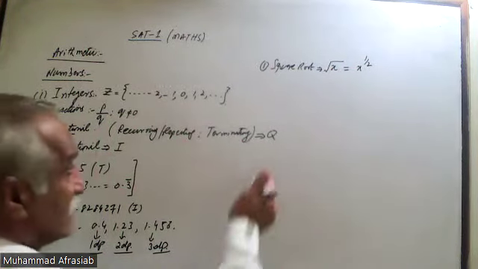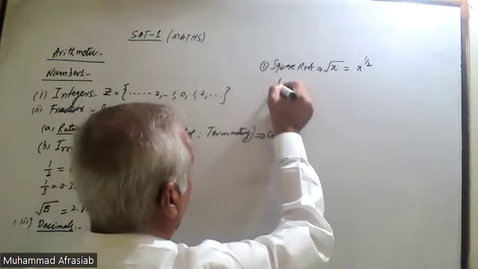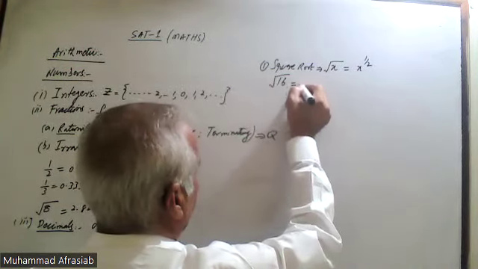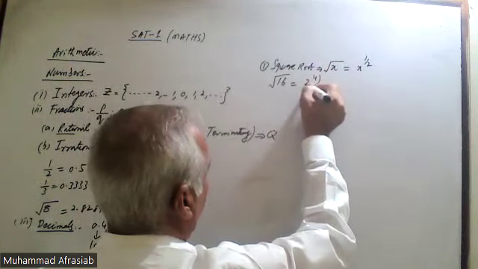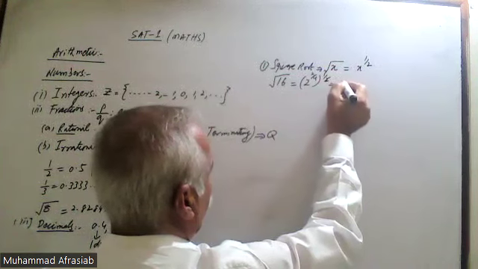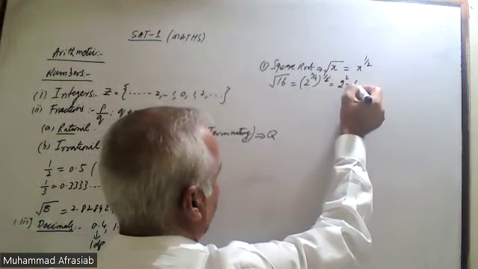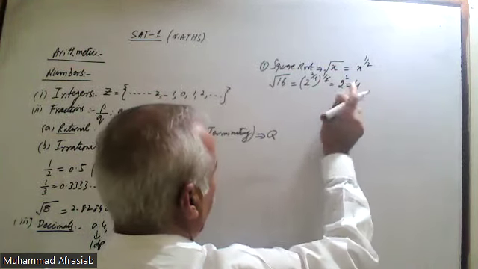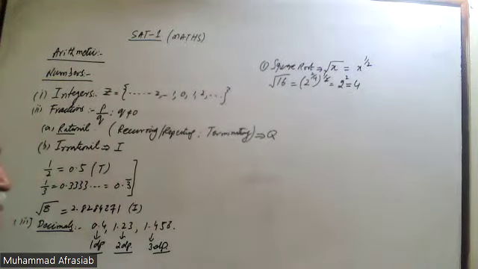So we can write this number as, for example, we are going to find out the square root of 16. Then it should be equal to 2 power 4 whole power half, and that thing is equal to 2 power 2, and that thing is equal to 4. So this is known as we call finding the square root of any number there. First convert it to the prime numbers, and then you can convert it to that value.